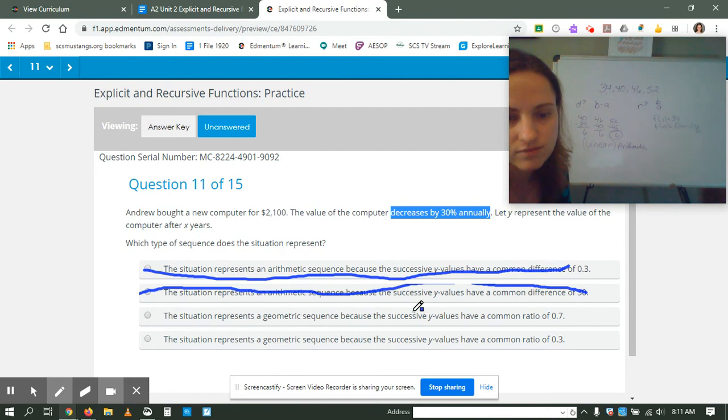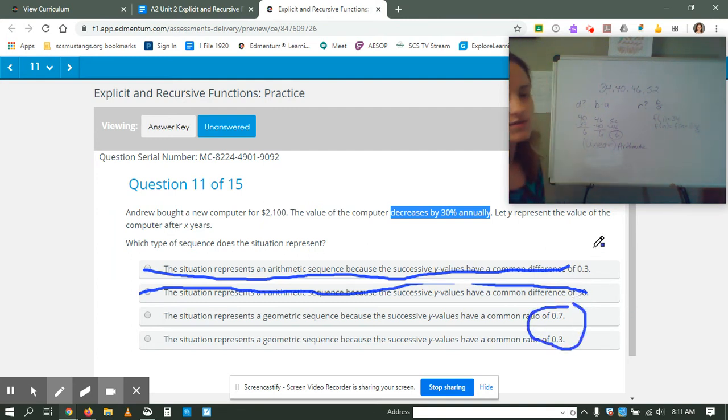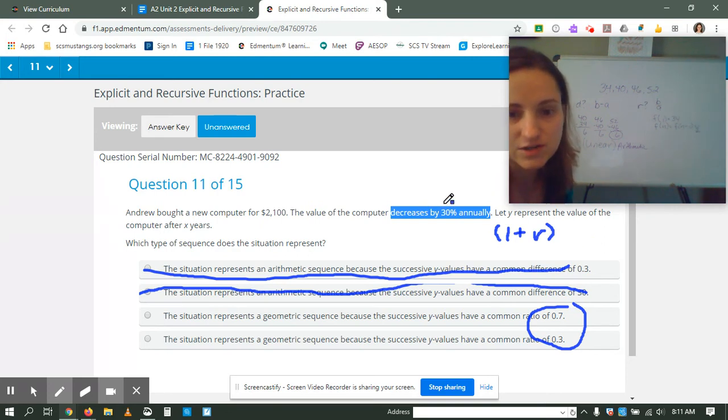And because the successive y values have a common ratio of, now we need to make the decision between the 0.7 or the 0.3. This is what we were looking at last lesson, when we were doing the 1 plus r to figure out what that value would be. So with this one, it decreases by 30%.